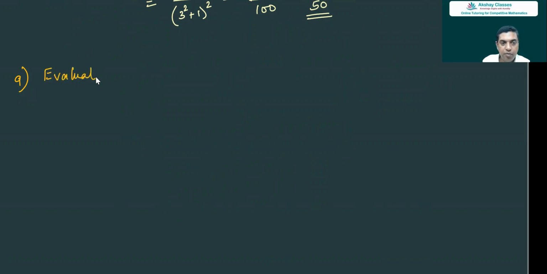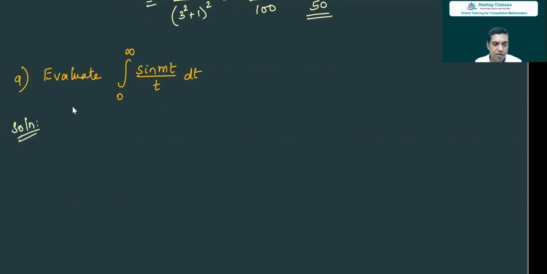This is apparently an integral problem, but by intuition, suppose you have to evaluate a strange integral like this: sine mt upon t. The antiderivative of sine t by t does not exist, in the sense we cannot find it. It is one of the indeterminate, or inexplicable, integrals. So now this is sine mt upon t dt.